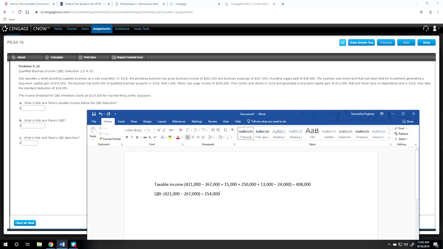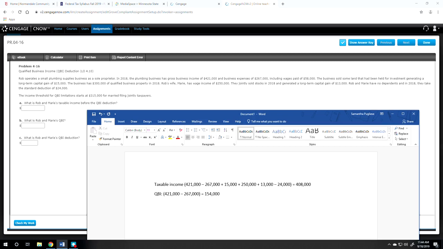That's the answer to part B. So that is their qualified business income. We don't add anything in there about the business's capital gain because that is not part of the qualified business income. That's just going to be a capital gain.